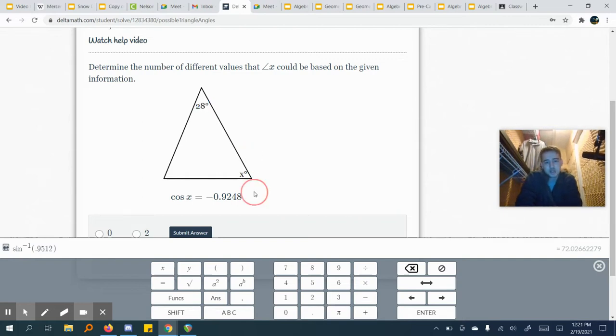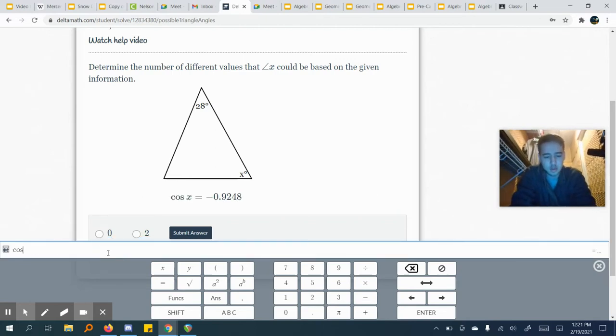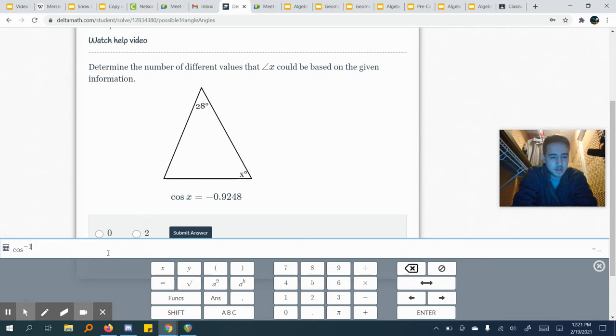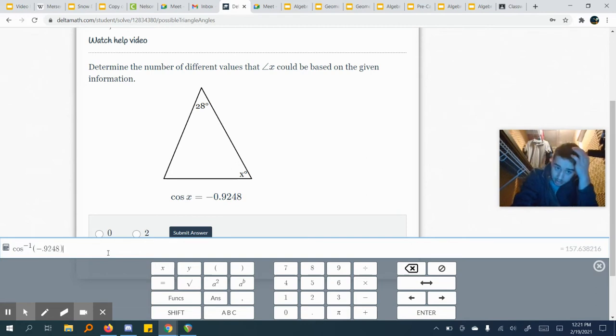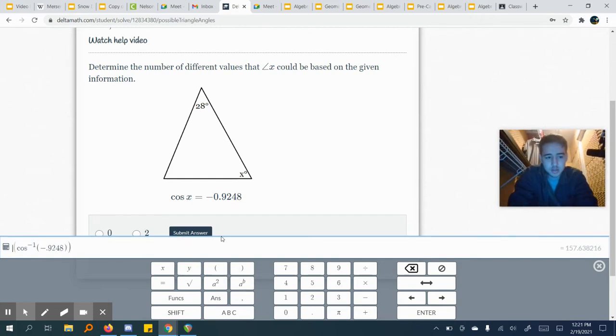Oh, this one's going to use cosines. So it actually changes up a little bit. Hold on. Inverse cosine of negative 0.9248. So we get 157 degrees. And the other angle that it could be, so for cosines, I don't actually think that we get a 180 minus theta deal.